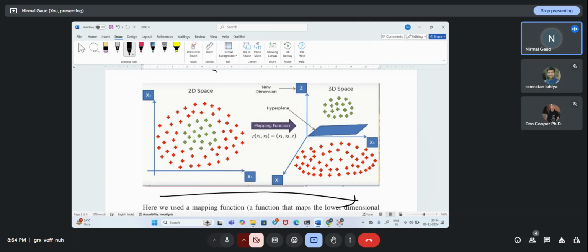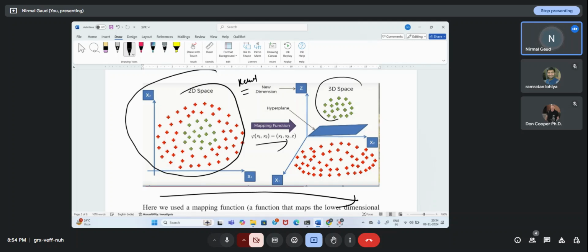That means if this is a 2D representation where the classes are present non-linearly separable, then they are providing a mapping function that is called a kernel. Kernel is a mapping function, and that will project this 2D onto 3D. Then you can separate the data points. That's what you can do.